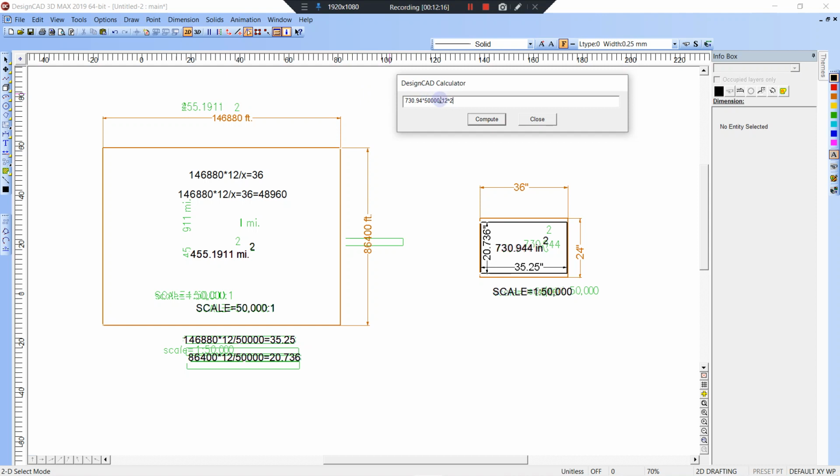Oh, I got to do 50,000 squared. 12 squared divided by 5,280 squared. That's our equation. Control C, hit that. Control V equals. Control C, Control V, and that was just to check. Control R, and I think we came out with something that was really close. But that's how you do it.